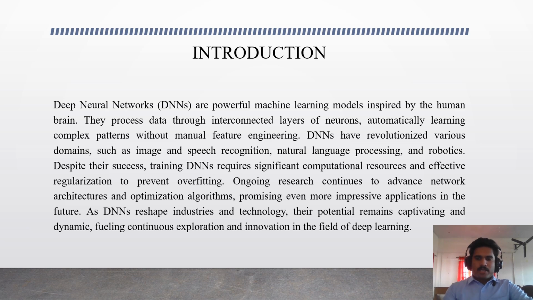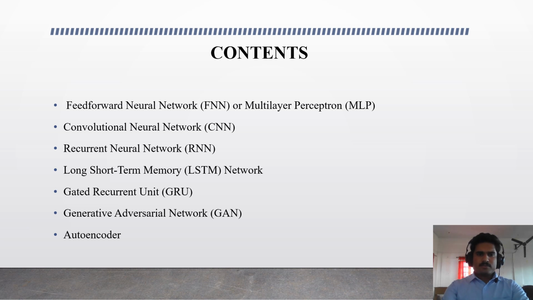Let's talk about the contents of this presentation. The contents are the main different types of deep neural networks. First of all, we see what each is and why it is used. The first is the feed forward neural network, FNN, or multi-layer perceptron, MLP. These two names are familiar.